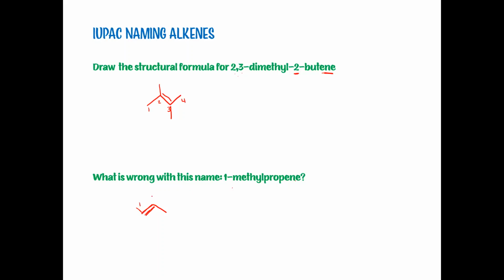So this is 1, 2, 3. But if we look at it, it is actually a 4-carbon chain because this is 1 now too. So it'd be 1, 2, 3, 4. So this would actually be 2-butene.